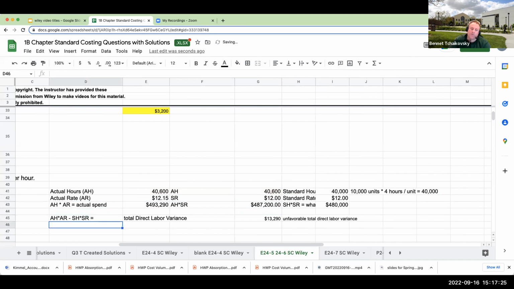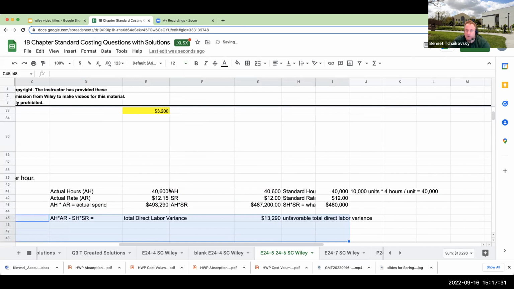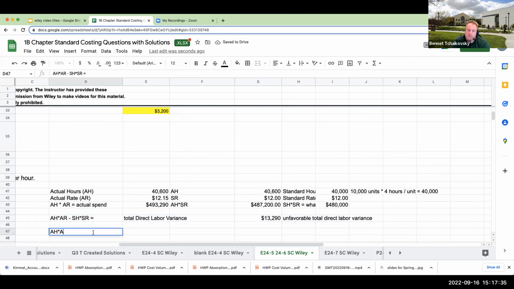So to make sure that we get to this total amount of my direct labor variance, what I'm going to do is say, okay, AH times AR minus AH times SR. This is going to be my direct labor rate or price variance.